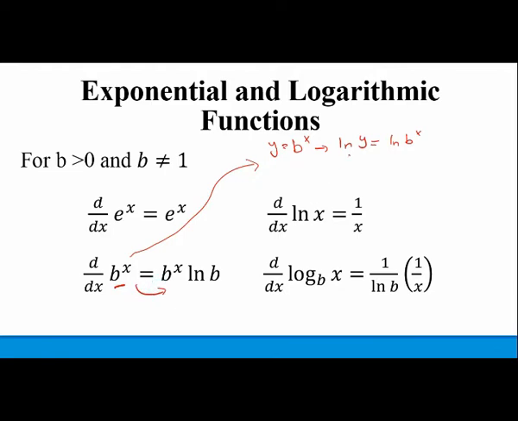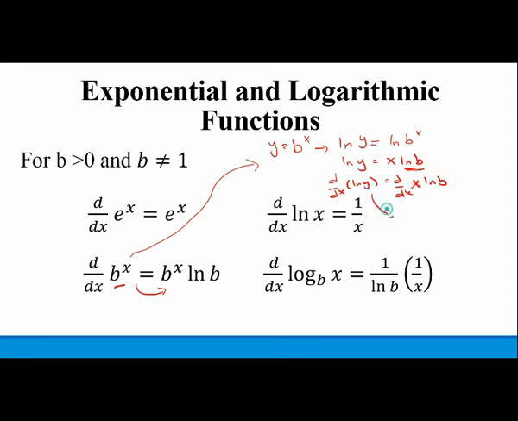Then ln y equals x ln b. Then of course, I differentiate d/dx for ln y and d/dx for x ln b, and you know that ln b is actually a constant.